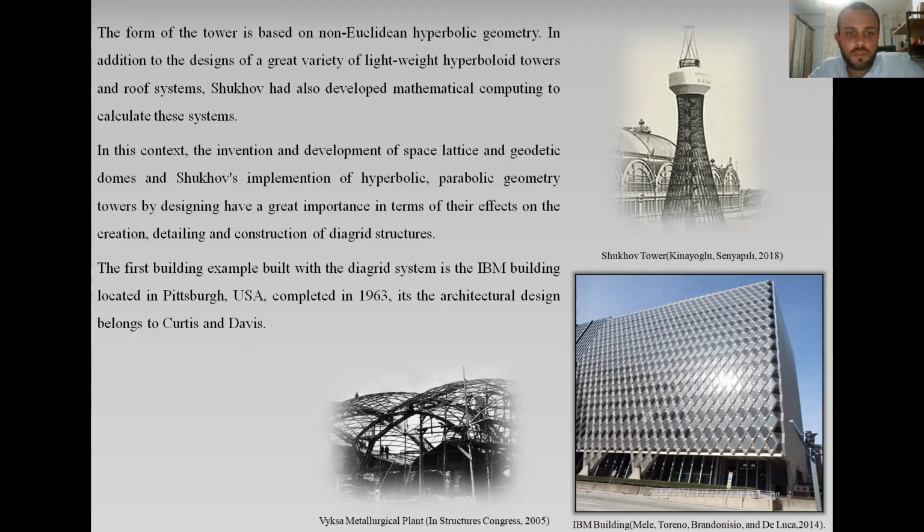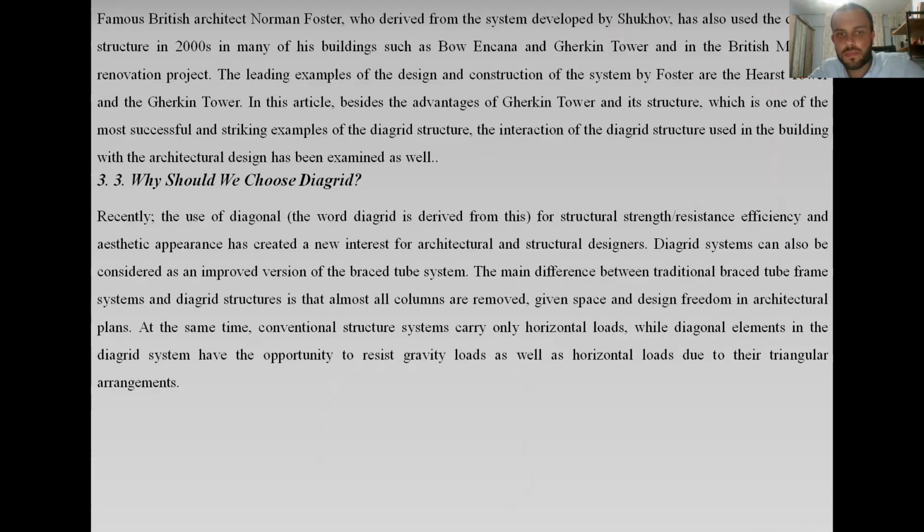The first building built with the diagrid system is the IBM building located in Pittsburgh, USA, completed in 1963. Its architectural design belongs to Curtis and Davis.